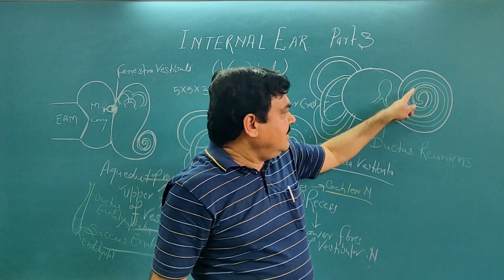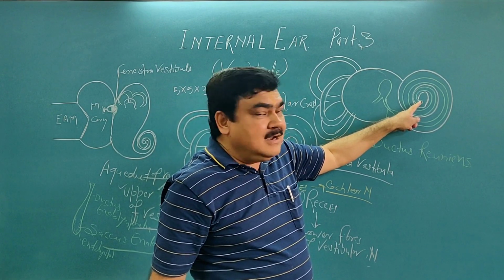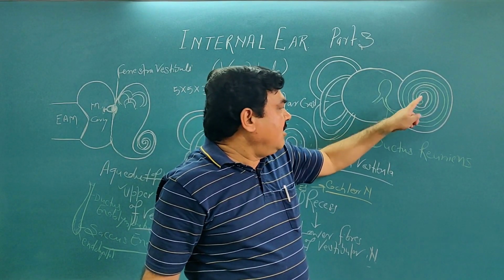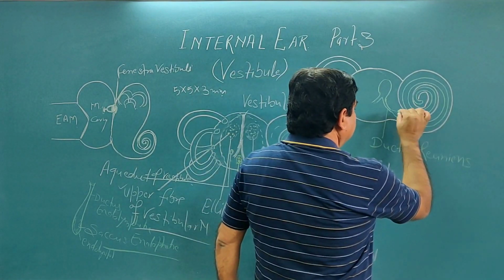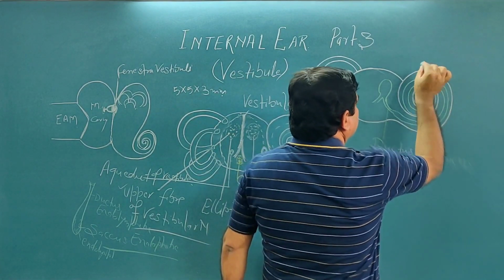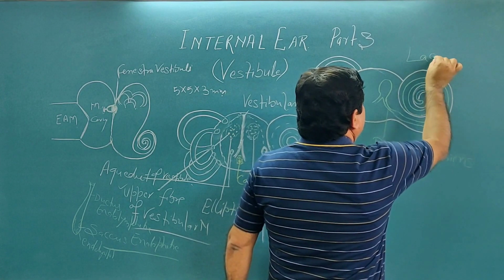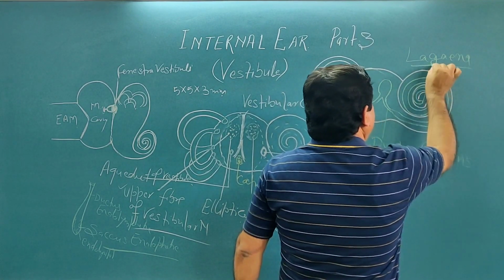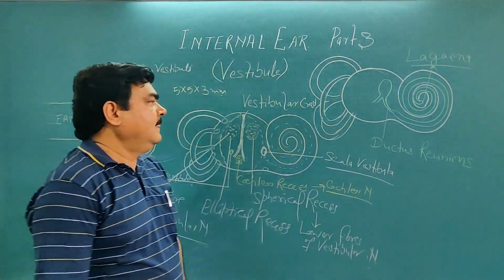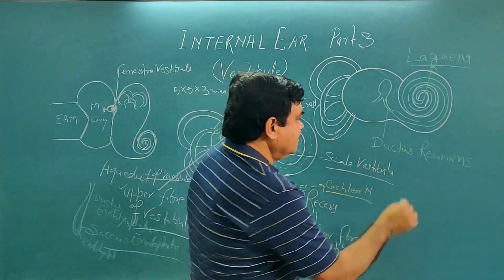This is the cupula. This blind end is known as the lagena. So this is the cochlear duct.